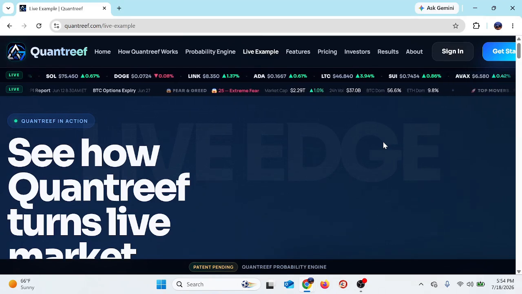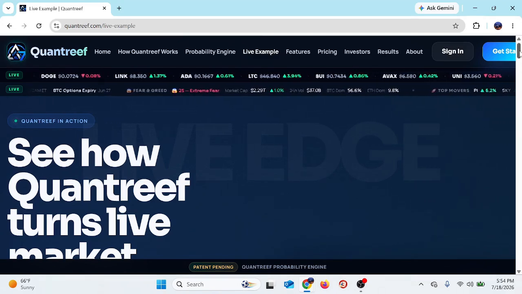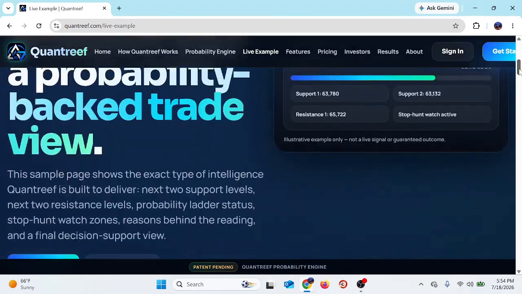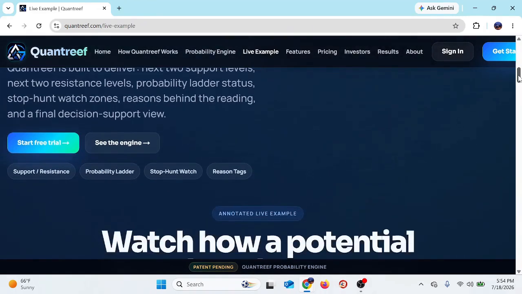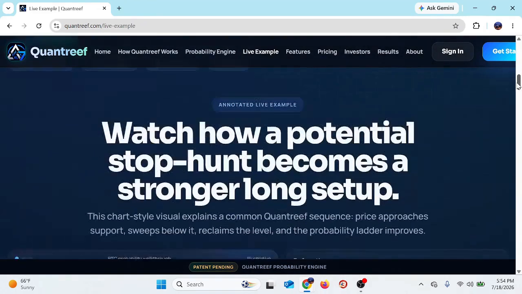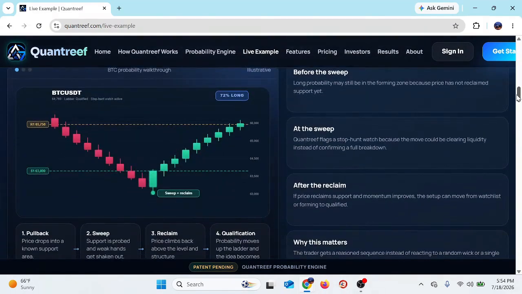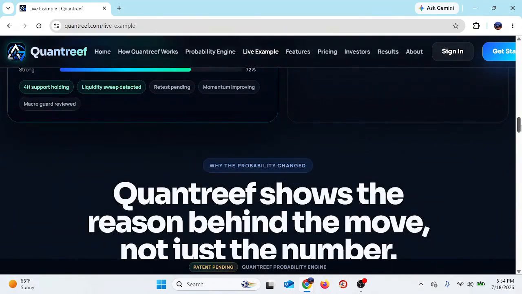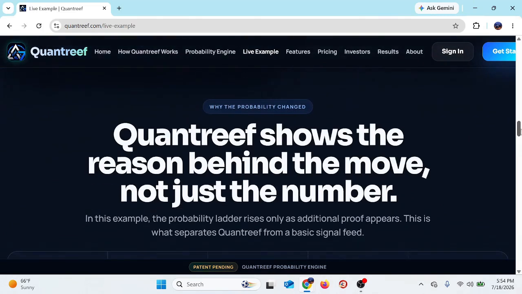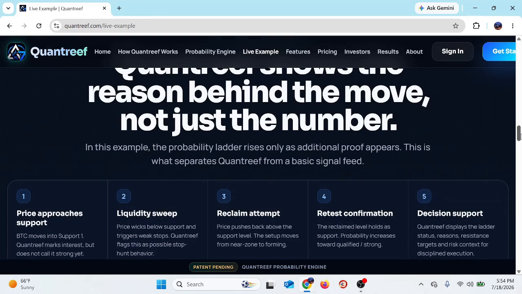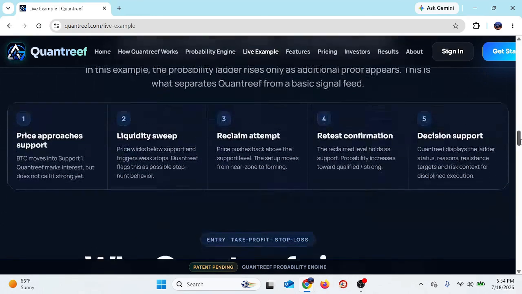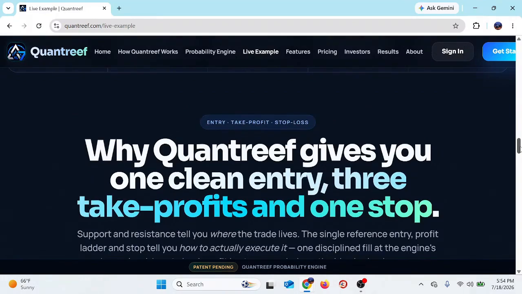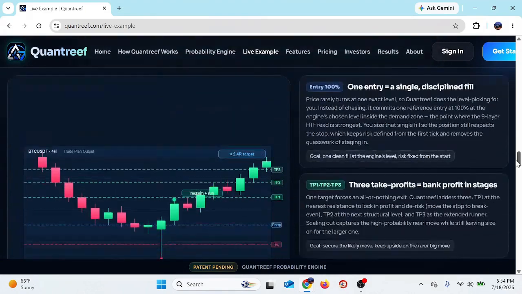So what is Quantreef? Quantreef is a market analytic and probability platform built to help traders make more informed and data-driven decisions. Instead of relying on a single indicator like RSI, MACD, moving average, or Bollinger Band, Quantreef analyzes over 100 attributes, indicators, and dozens of layers of market data simultaneously to help traders make a better trade.